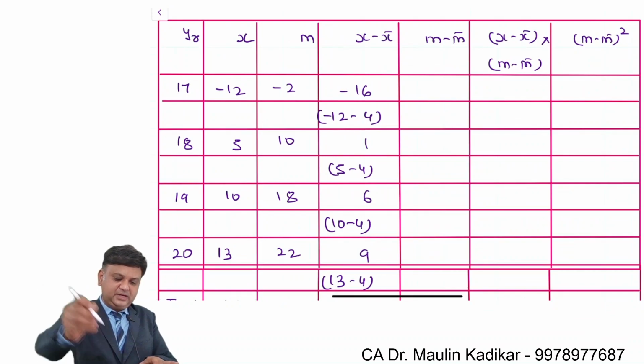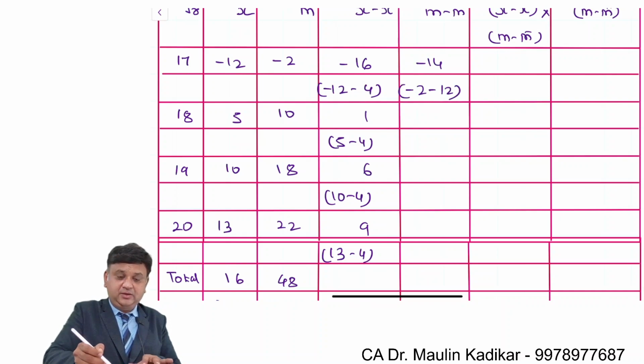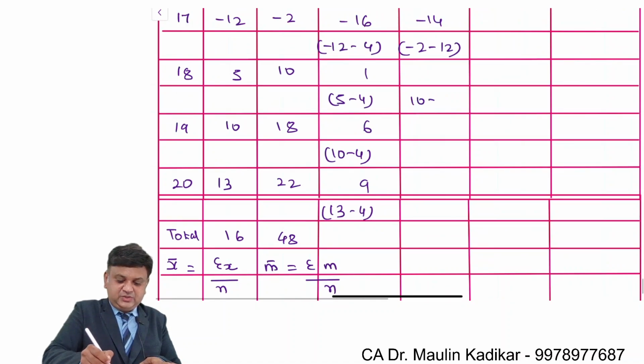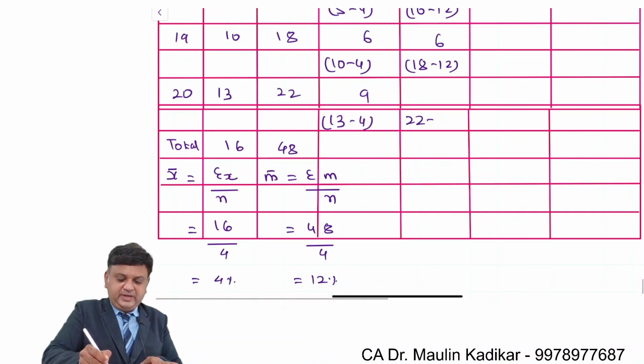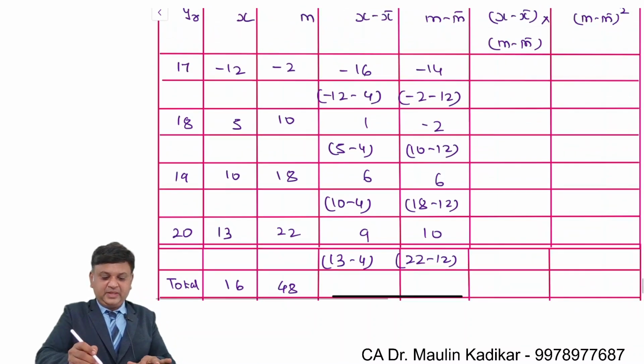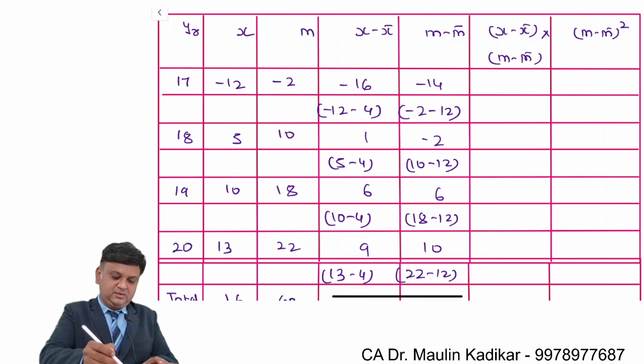So m minus m bar: negative 2 minus 12 comes to negative 14. 10 minus 12 is negative 2. 18 minus 12 comes to positive 6. 22 minus 12 comes to positive 10. That is the way x minus x bar and m minus m bar is calculated.